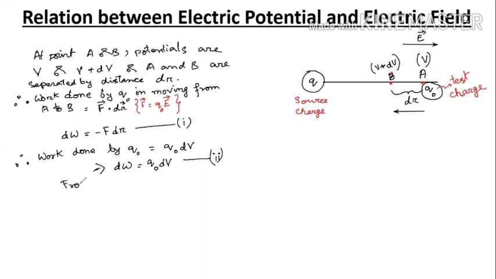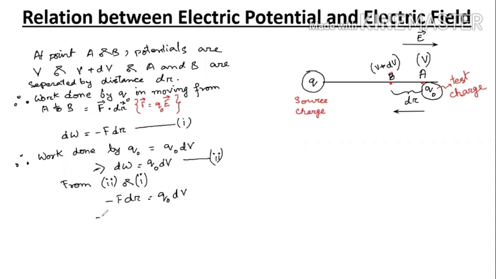So from 1 and 2, when we just make these two equations equal to each other, we get minus f dr equals Q naught dV.